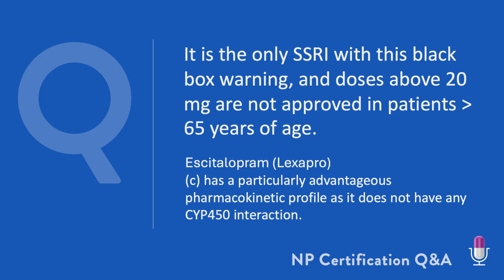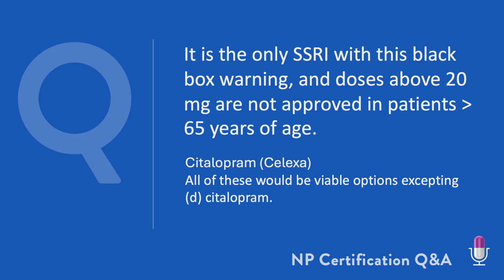And so, again, the bottom line is A, B, or C. They're all reasonable considerations, but the question for you is what should be avoided, and the one that should be avoided is the one with the black box warning about QT prolongation and a dose limitation in patients over 65.